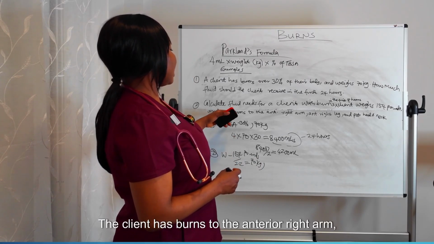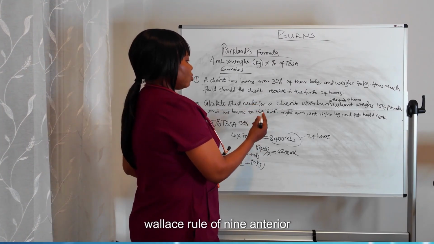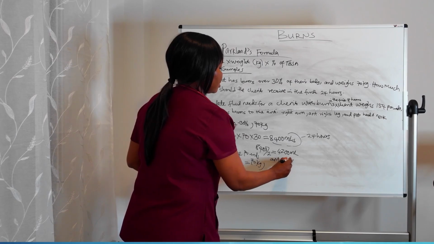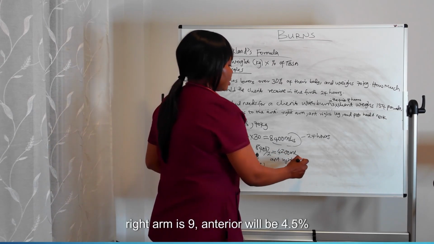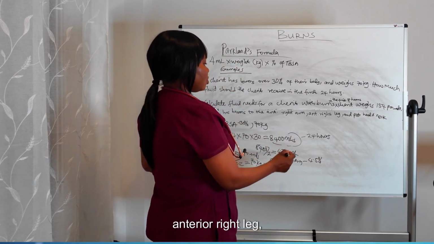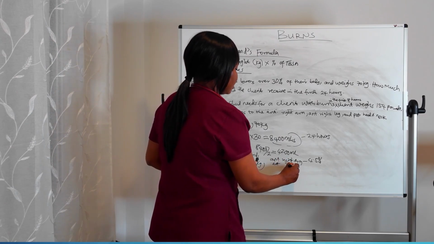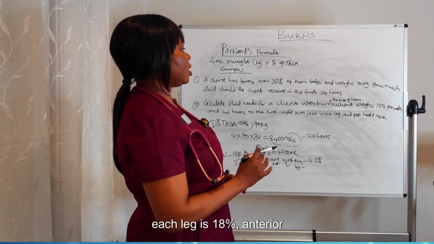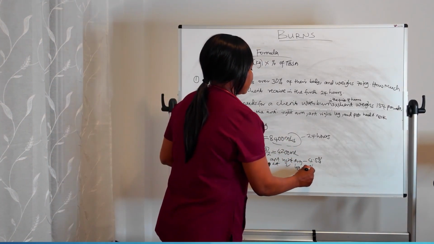And the client has burns to the anterior right arm. So we're going to use the Wallace rule of 9s, anterior right arm. So if the entire right arm is 9, anterior will be 4.5%. Anterior right leg. So if each leg is 18%, anterior right leg will be 9%.